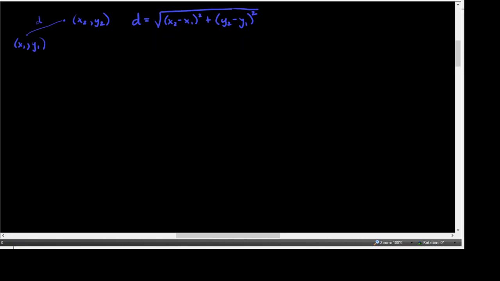And what we'll be doing here is estimating the arc length of a curve using those 2 points.